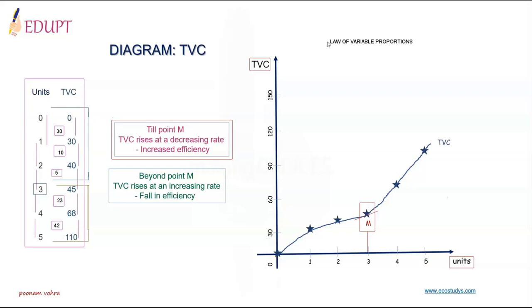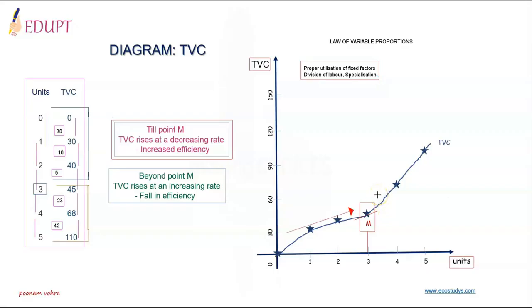In the first phase of variable proportion, total product increases at an increasing rate, mainly because of increased efficiency. And efficiency increases because of proper utilization of fixed factors, division of labor, and specialization.